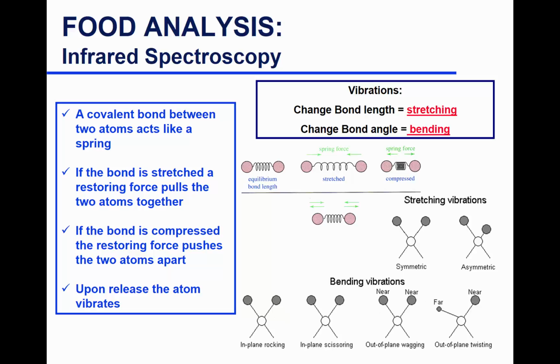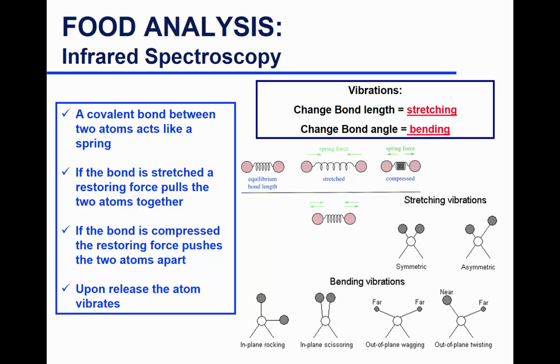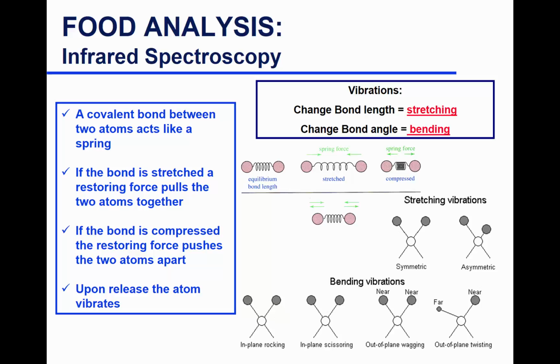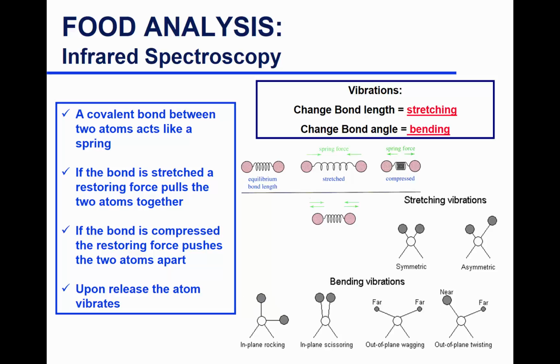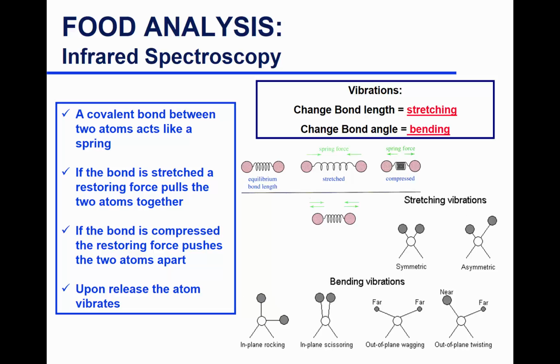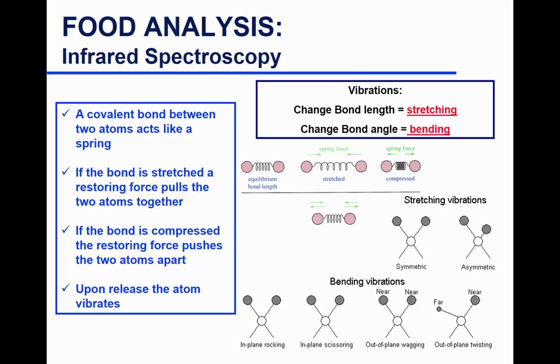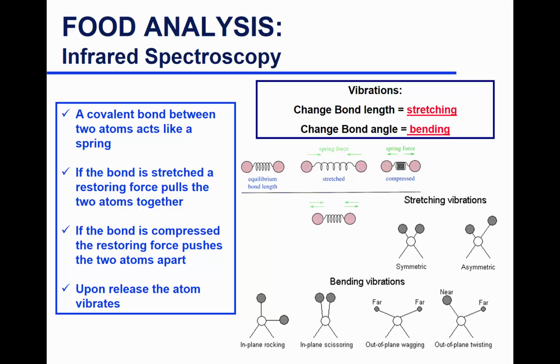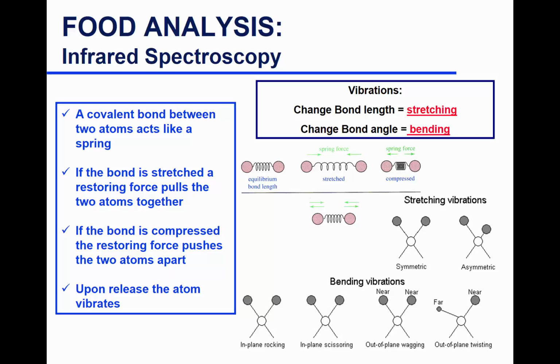This is the stretching, and this would be bending as well. What causes the stretching and bending is a change in dipole moment, a change of charge distribution, when the molecule absorbs radiation in the IR region.